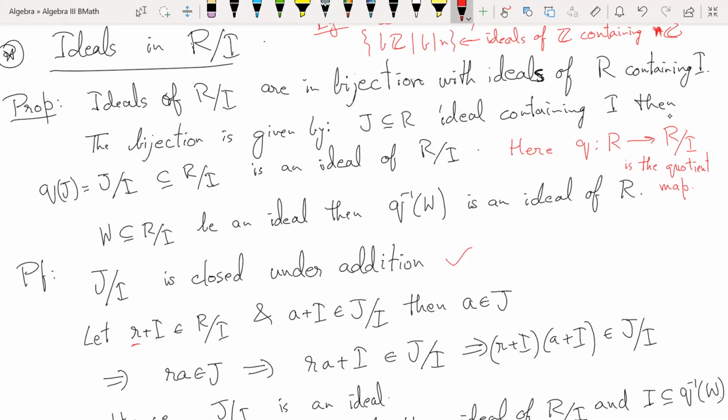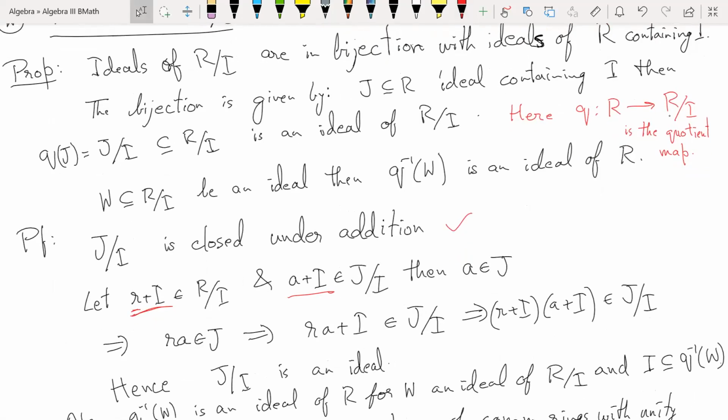So ra belongs to J, and this implies that ra plus I belongs to J mod I. But ra plus I is the same as r plus I times a plus I. And hence we have shown that the product of this guy and this guy is in J mod I. So we have shown that J mod I is an ideal of R mod I.